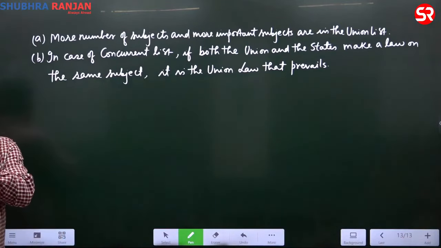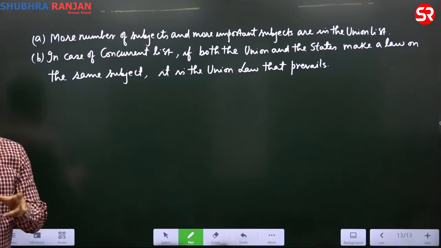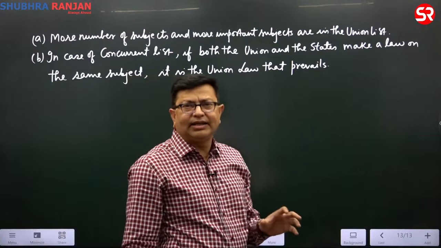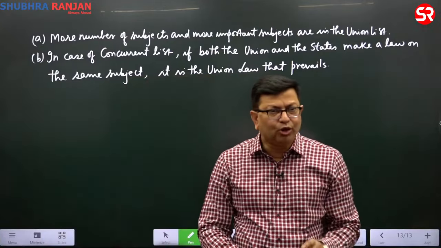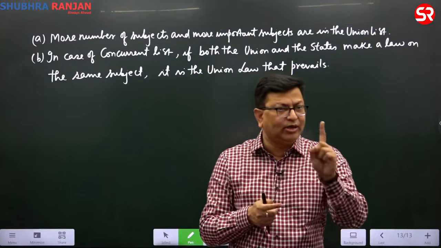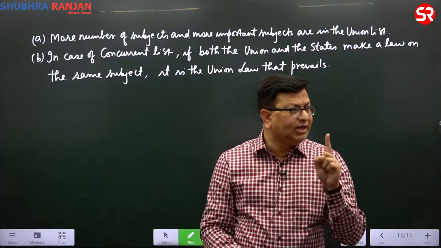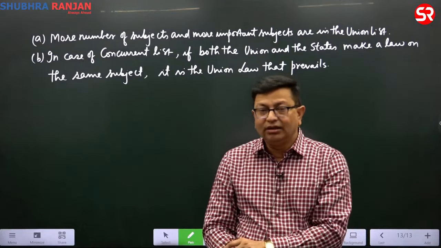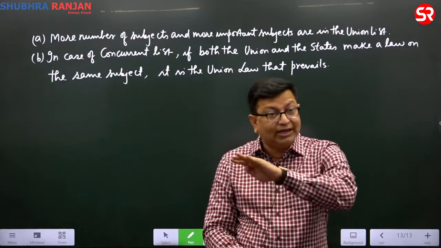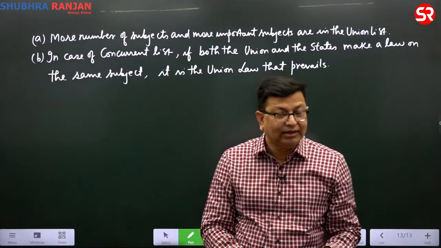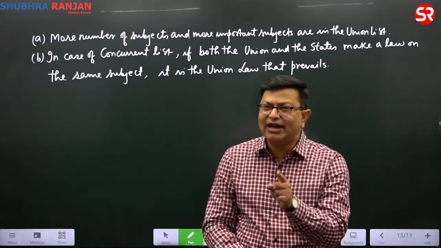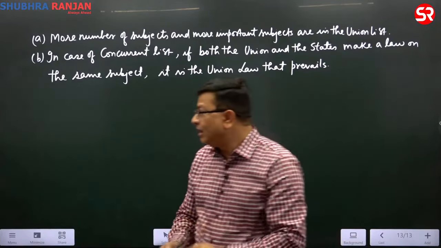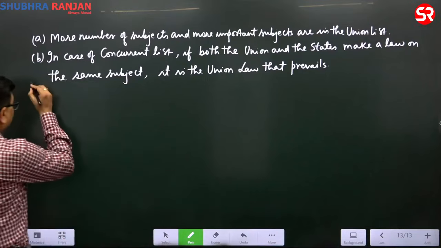Suppose the state of Haryana as well as the union government have made a law on the same subject. Suppose social and economic planning, it is a subject in the concurrent list. So, if there is a conflict between the union law and the state law, the union law will prevail over the state law. Why? The logic here is that the union law will be valid throughout the territory of India, that is in all the states. So, it will be valid in Haryana also. How will Haryana have a separate law? And then thirdly, so you can highlight this point.